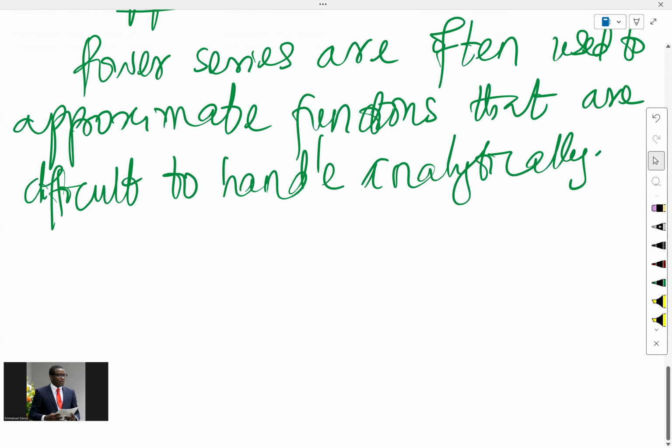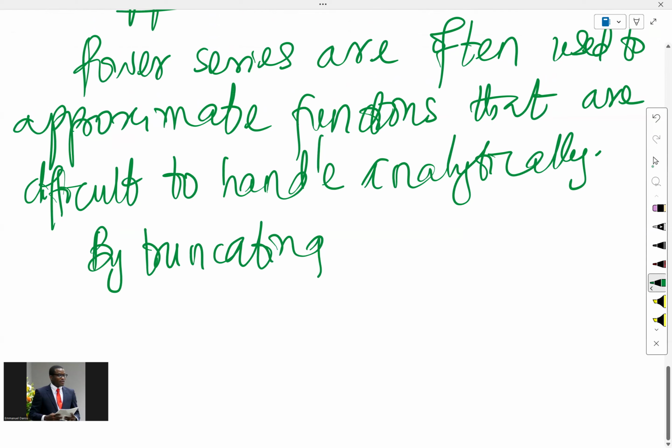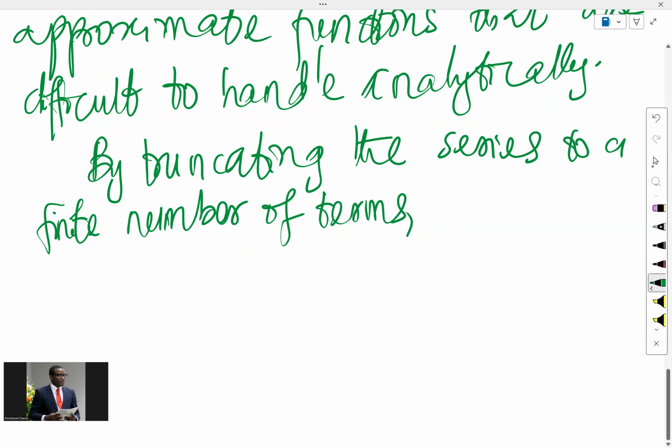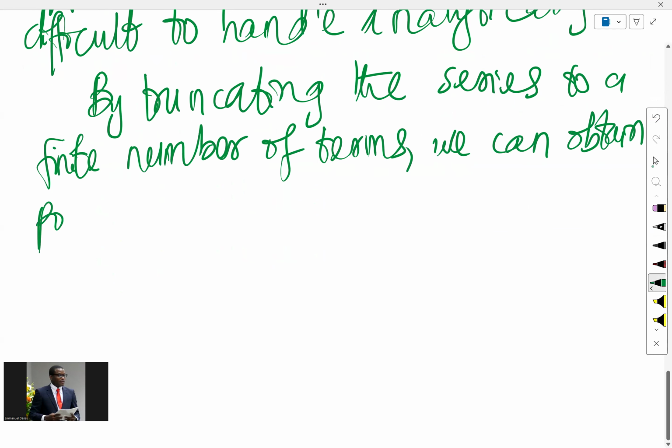Okay, because we can truncate, right? By truncating the series to a finite number of terms, we saw that previously, we can obtain polynomial approximations.